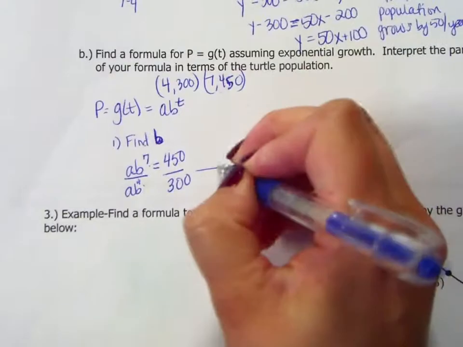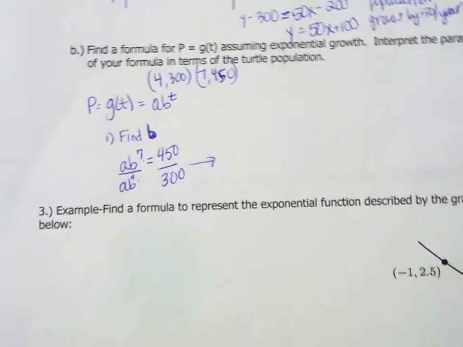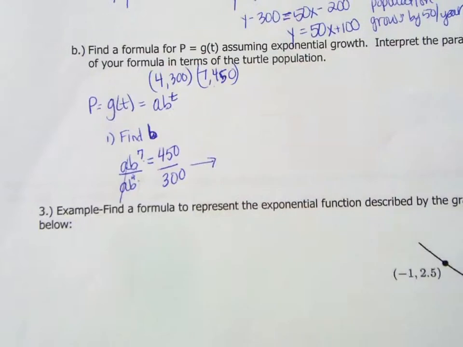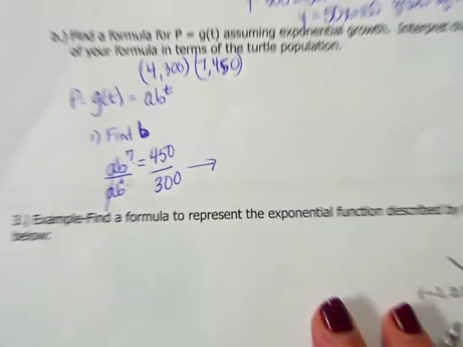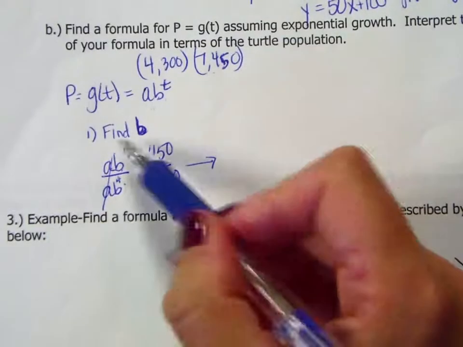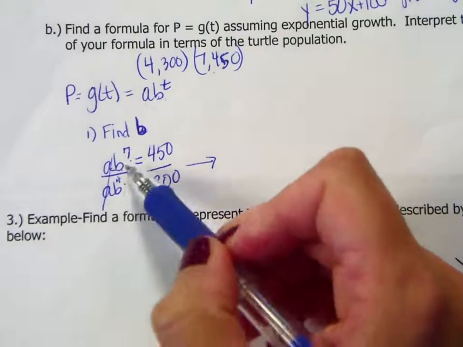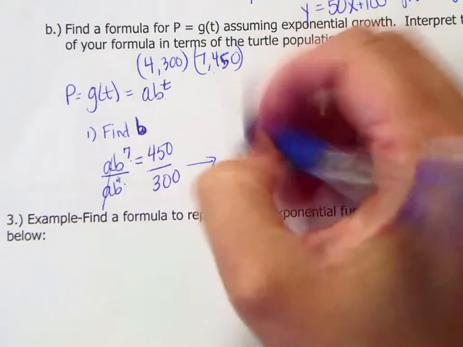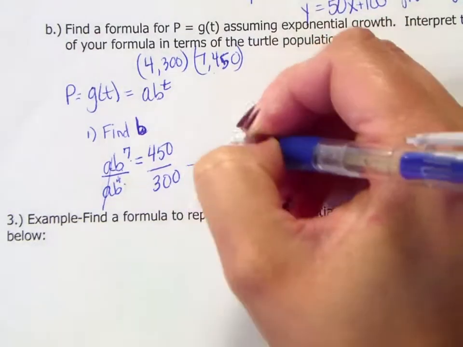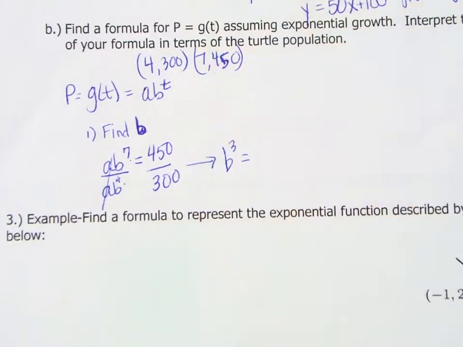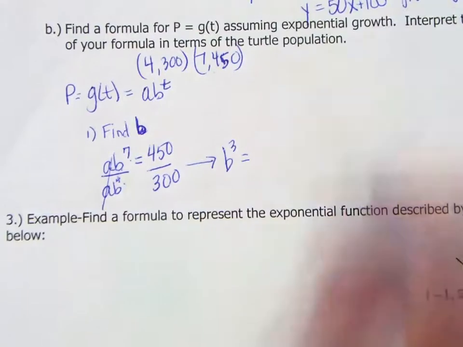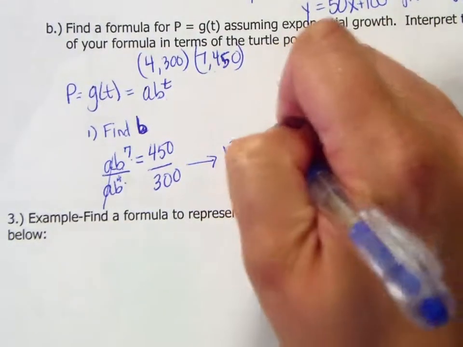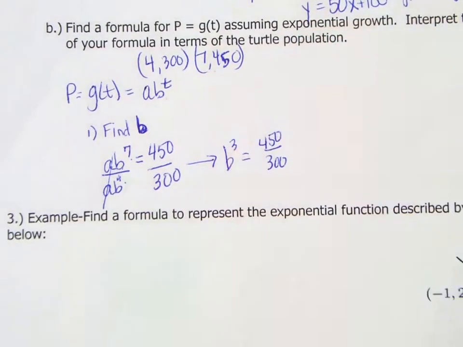Now comes some algebra skills. I can cancel out my a's, and then I can simplify using my exponent rules. b to the 7th over b to the 4th, what does that simplify to? b to the 3rd, yeah. So b to the 3rd equals 450 over 300.